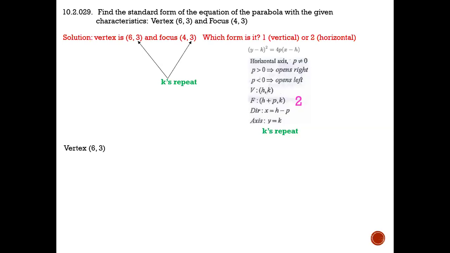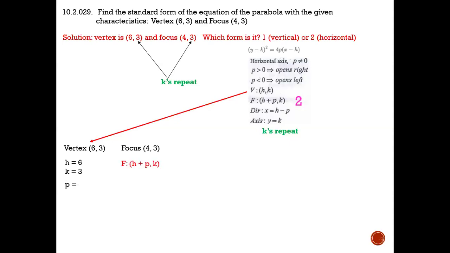My vertex here is at (6, 3), and now I need to find my other elements. From the vertex, I can get the h and k values. The focus, they're telling me, is (4, 3).